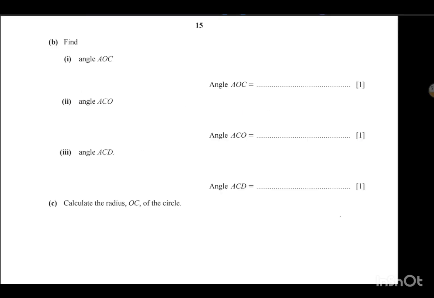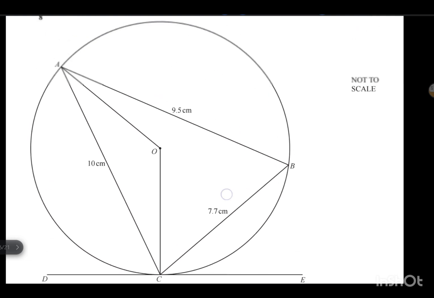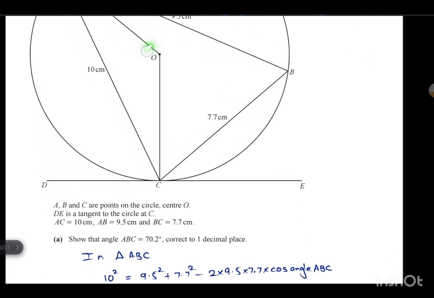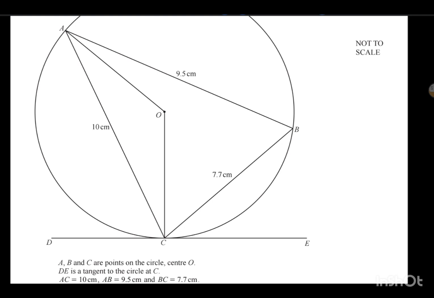Question B. Find angle AOC, angle ACO and angle ACD. 3 questions, we'll find them. Let us see the diagram once again. Angle AOC is this angle. ACO is this angle, and ACD is this. You have to find these three angles.